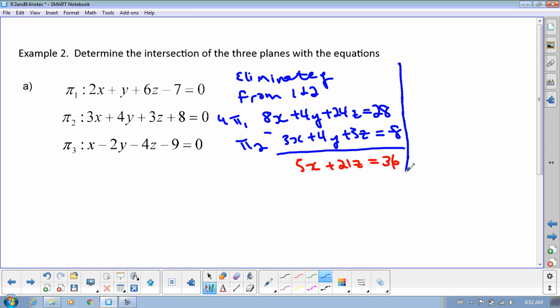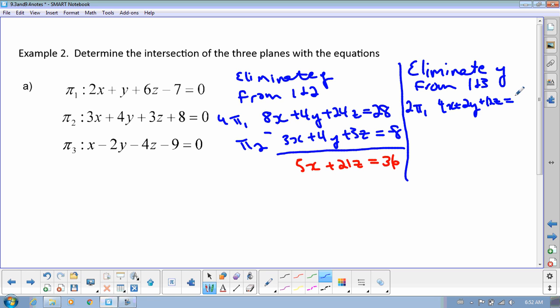Now I'm going to do the same thing. I'm going to eliminate y from 1 and 3. You could do 2 and 3 if you want. I'm choosing 1 and 3. So I'm going to multiply the first one by 2. So I get 4x plus 2y plus 12z equals 14, because I'm moving it over.